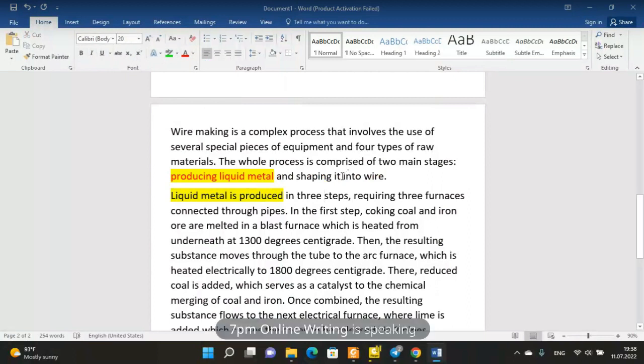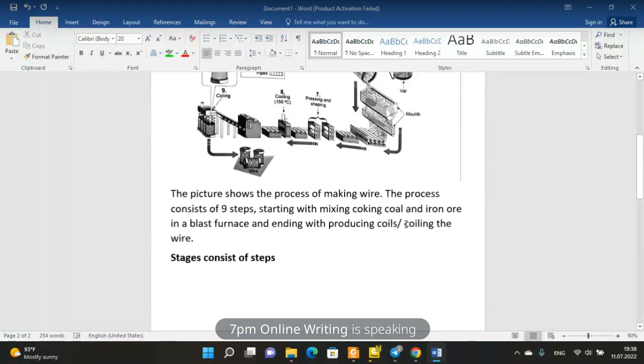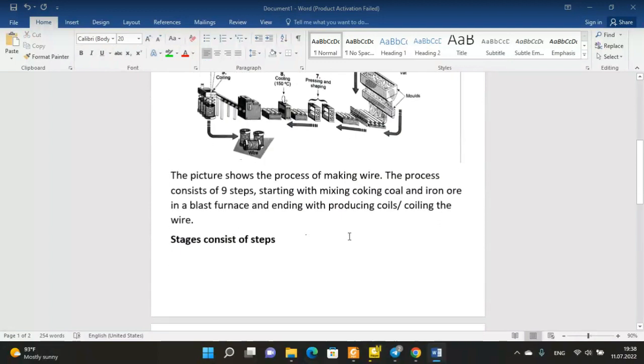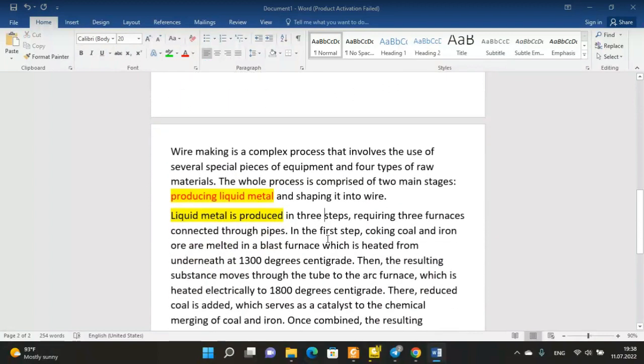All right. So liquid metal is produced in 3 steps, requiring 3 furnaces connected through pipes. So I have 3 furnaces here. They're all connected through pipes, and that's what I'm talking about here. So this is more like a topic sentence, right?